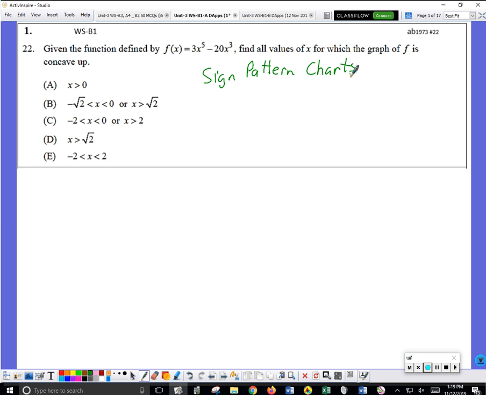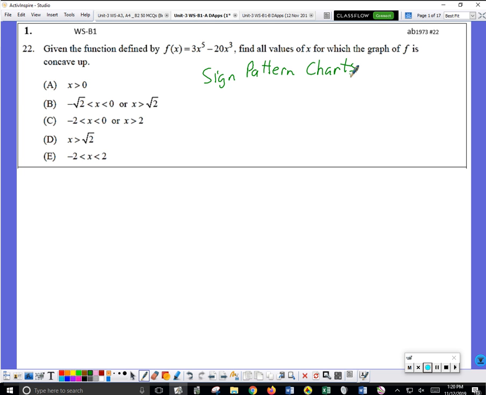Don't ever make a sine pattern chart without knowing why. You have to have a reason. The first reason is I don't have a graph, so a sine pattern chart is a good substitute for a graph. You should never make a sine pattern chart if you have a calculator, because the calculator is much better. This is just a crude substitute when you don't have a calculator.